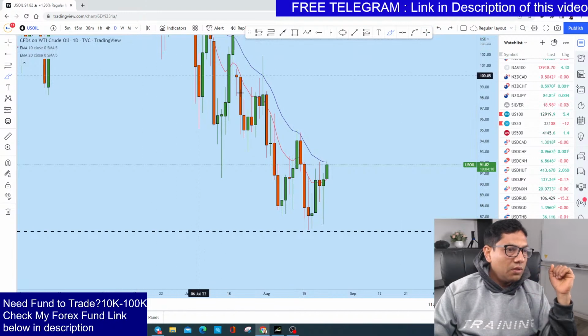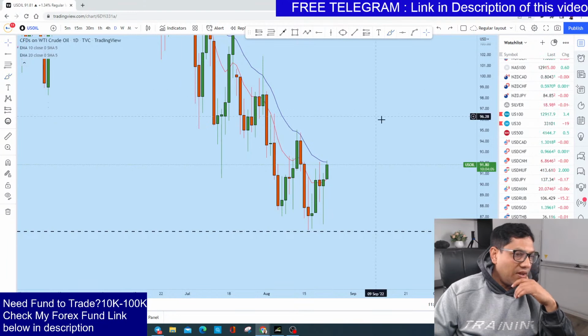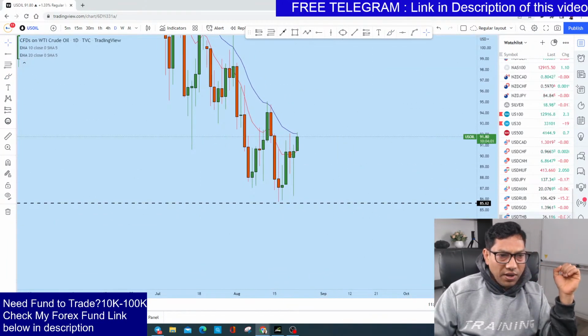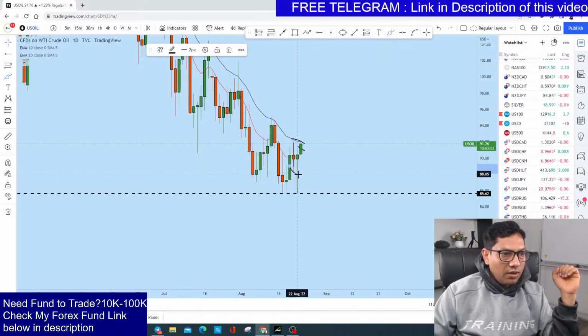So now a little bit of contradiction on the daily and 4-hour. On the daily it is a little bit bearish still. See, double doji, you see that on the daily there is a double doji with a lower high and lower low.